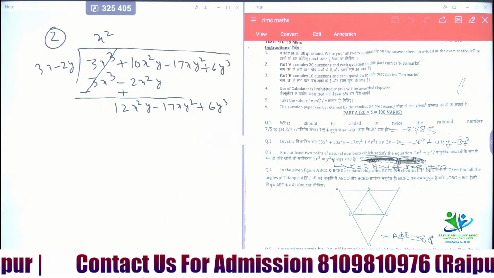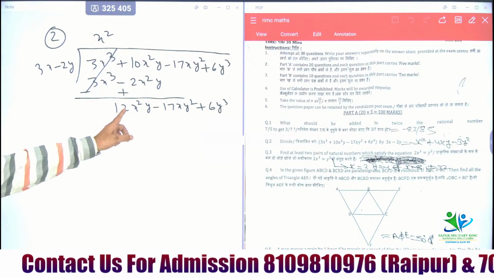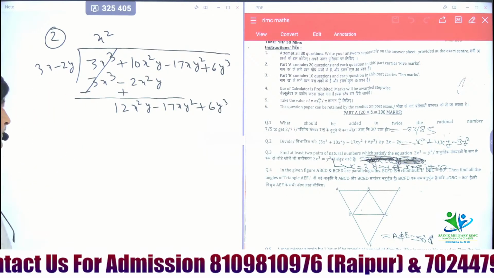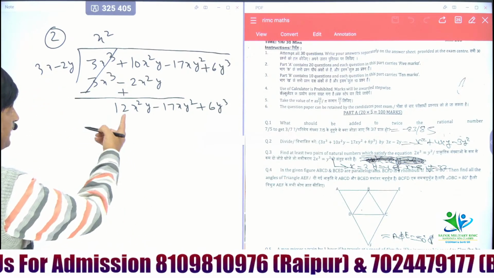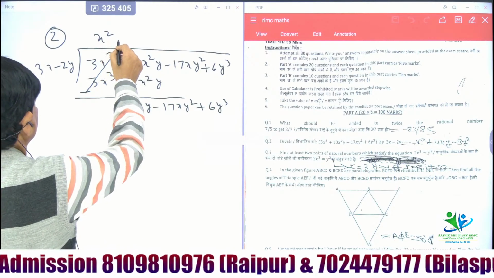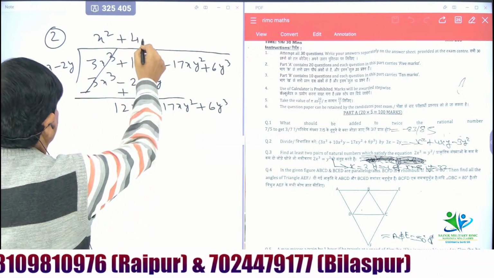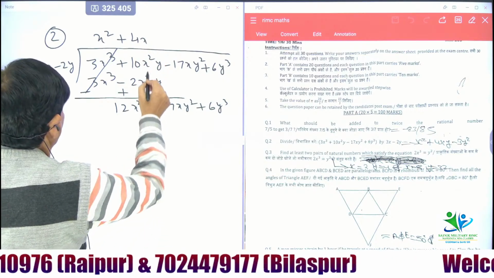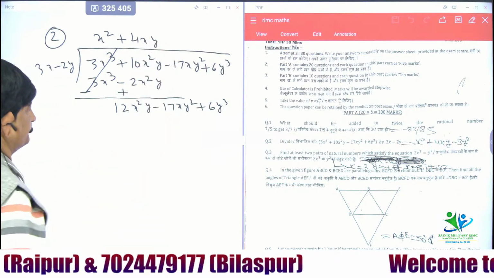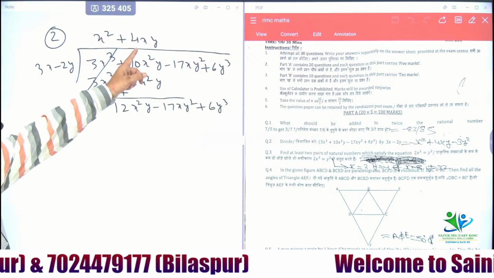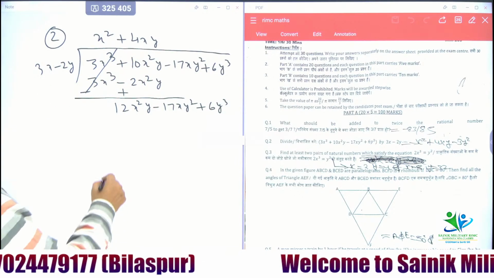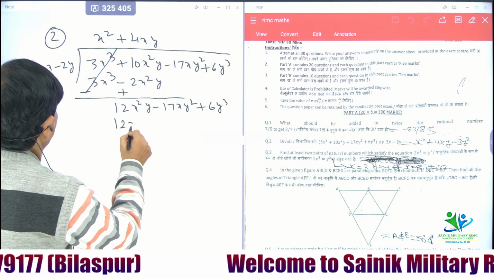Again you have to take a quotient such that the first term will be cancelled. Here is 3x, here is 12. So you have to take plus 4, and x square becomes x, and also you have to take y here. If we multiply 4xy by this one, you get 12x square y.